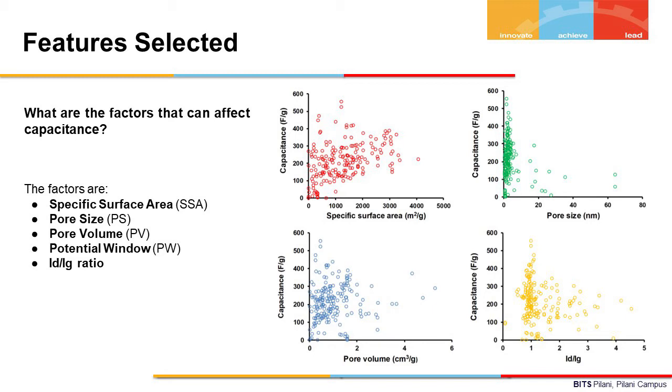PS refers to the pore size of the electrode, which affects the accessibility of the electrolyte ions. PV refers to the pore volume, that is, the volume of the pores of the electrode. PW is the potential window, which is the voltage applied across the supercapacitor. ID by IG ratio is the intensity ratio between the D and G bands of Raman spectroscopy, giving an insight into the crystalline properties of the carbon used.